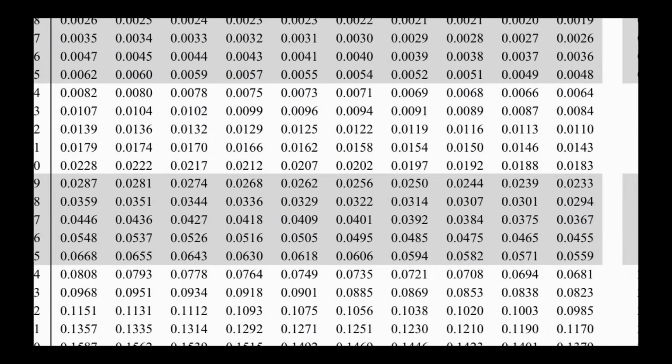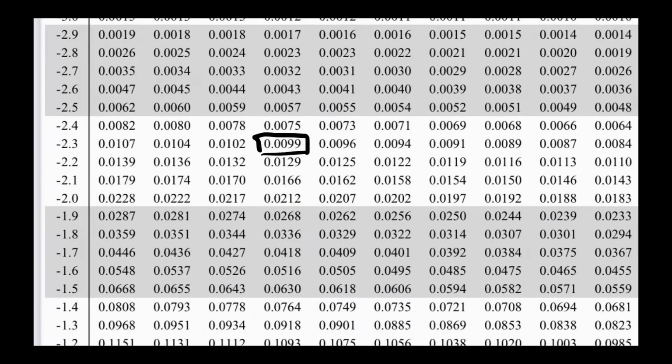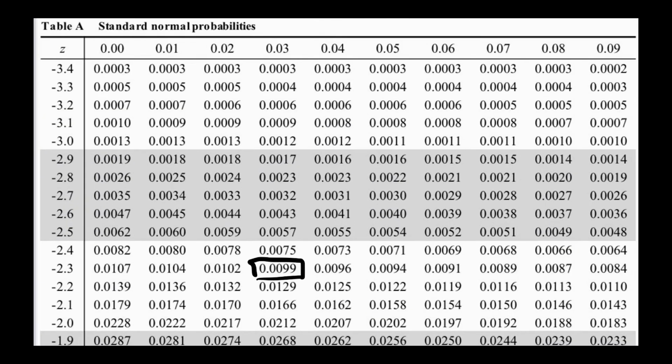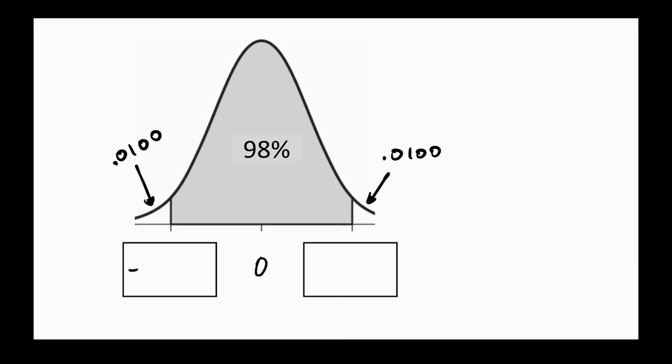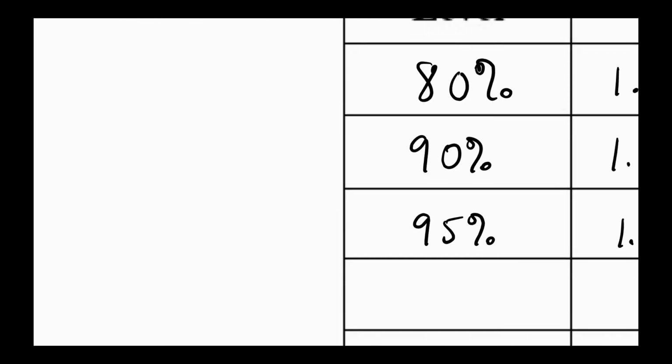Negative 2.33. Where am I at? Yep, right there. Yep, that's the closest one. Negative 2.33. So let's put that in there. Negative 2.33 and then positive 2.33. Good. So for 98%.